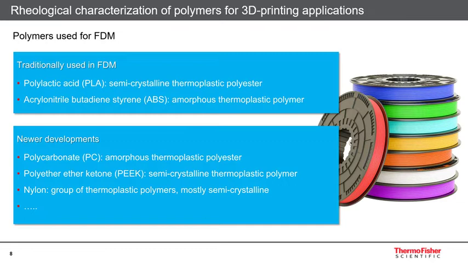And so with further development of 3D printers, many other polymers became available for additive manufacturing. Some are shown here, and they include even high-performance polymers, such as polyether ether ketone with its extremely high melting temperature. The access to this polymer class makes additive manufacturing even more attractive for many industrial applications.